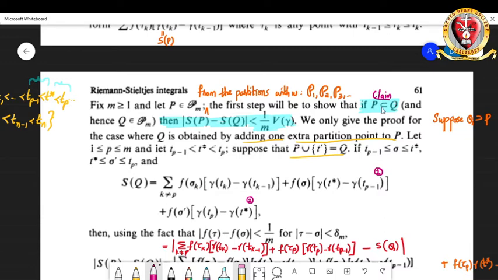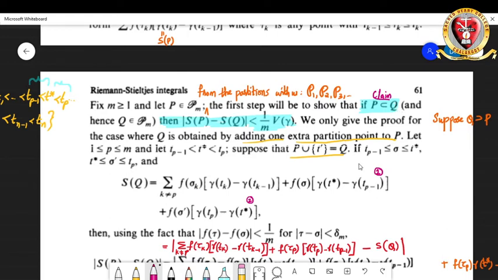Now our first step is to show the claim. The claim is whenever P is a subset of Q, then modulus of S of P minus S of Q is strictly less than 1 by M into V of gamma. So here we are saying P is a subset of Q. For our ease, we are going to prove it for P subset of P union just a point.